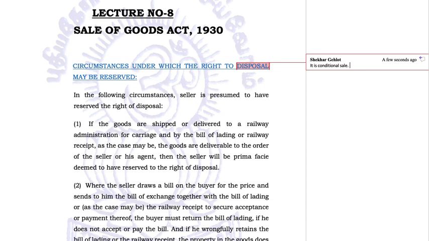You can have delivery of the product, but you cannot use it as per your liking until the condition imposed by the seller is complied with by you. Now some may ask: in what circumstances may a seller reserve his right of disposal of the property?